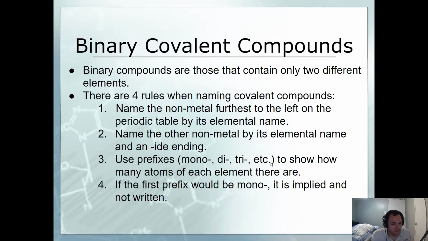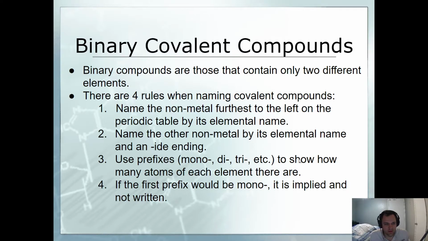Alright, and then rule 3 is where it gets really different from the ionic ones. When we were talking about ionic compounds, we had the benefit of the charges to tell us how many of each atom there needed to be to balance it out. With covalent compounds, it's not that convenient, right?